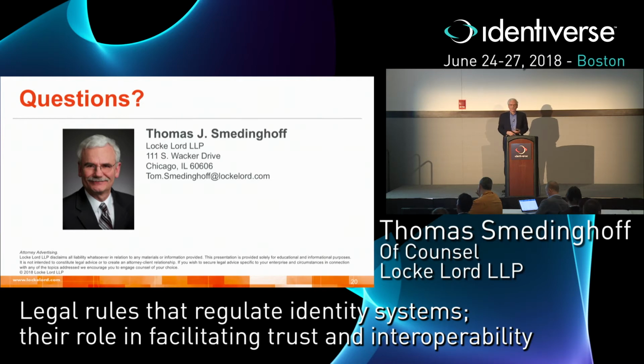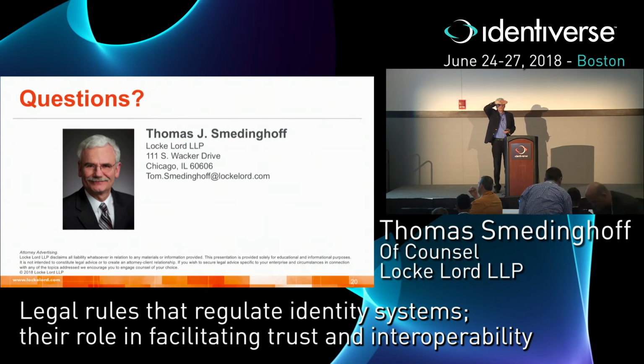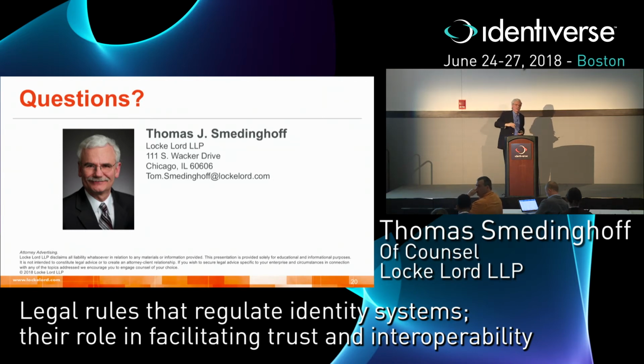Similar question on the legislative side. I was wondering if you have any insight into trends in terms of the states making different rules. One of the big concerns of the Uniform Law Commission is that different states are going to do different things, and we're going to end up with a real mess.